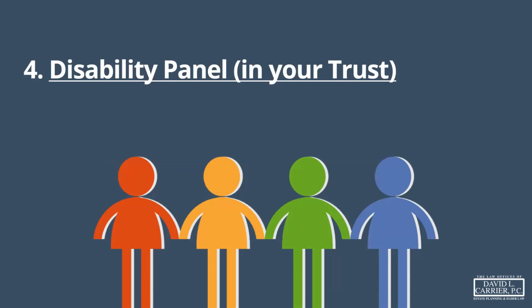And they can do that without taking you to a couple of doctors. Because typically people with dementia are in denial and they don't need to see doctors because if you ask them, they'll tell you they're just fine. So we use a disability panel to avoid that situation where you have to take that person to a couple of doctors.